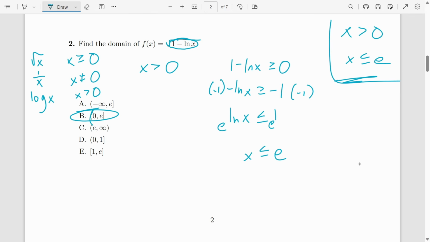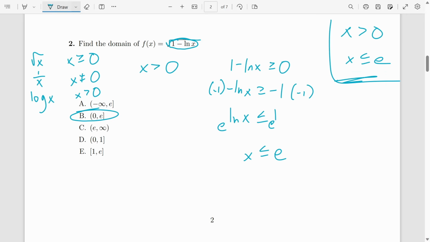All right, where was I? It goes up from 0 and does not include 0. That's what we said over here. It is greater than 0 and cannot be equal to 0. And then it also says it goes down from e inclusive. So that's what we said on the right here. x must be less than or equal to e. So definitely looks like B is the right answer here.